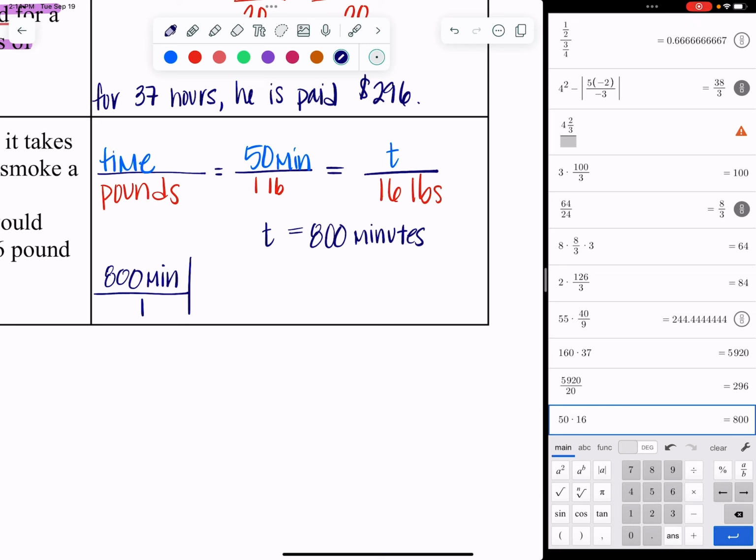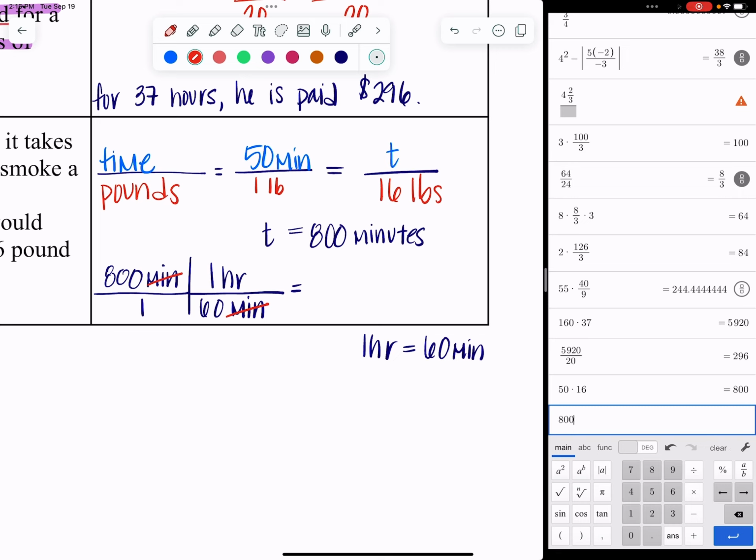I know that there is 1 hour full of 60 minutes. But I need my units to cancel out, so I'm going to put 60 minutes in the denominator, and I know that's equal to 1 hour. What that does is it helps me not have to remember when I'm supposed to multiply and when I'm supposed to divide. If I line up my minutes so that they will cancel out, I don't have to worry about it. So I'm going to do 800 divided by 60.